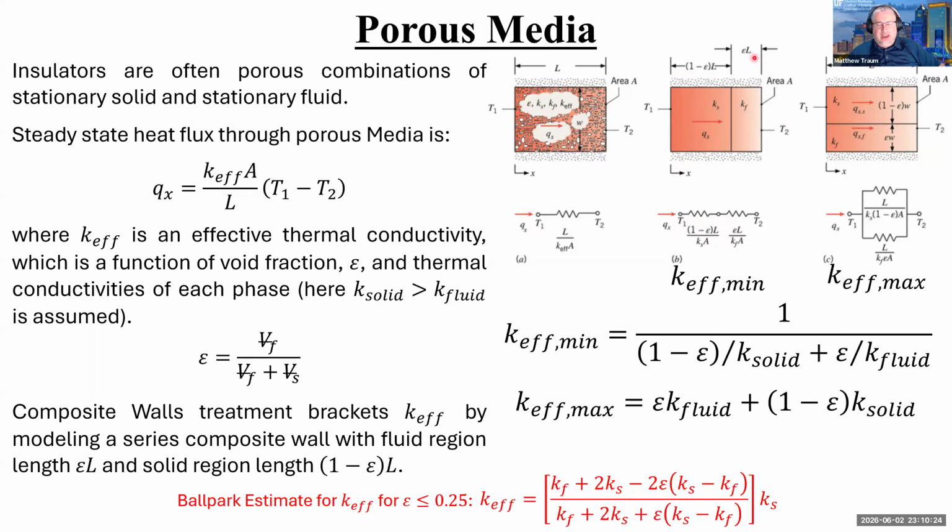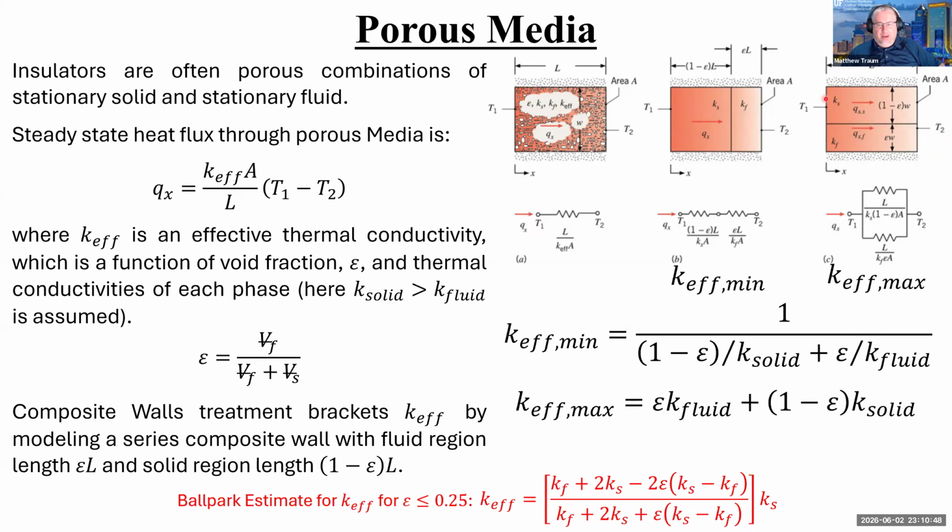So this is just epsilon L in terms of its length in the resistance. And I'm going to use the thermal conductivity for the fluid. I'm going to plug that into this resistor here, and that's going to give me a minimum value of K effective. The maximum value of K effective comes from putting things in parallel, right?